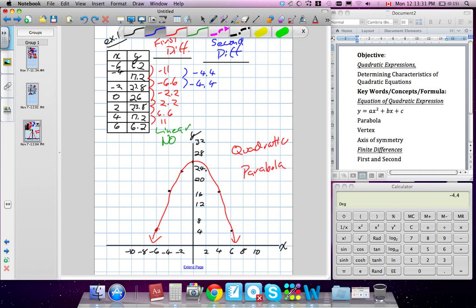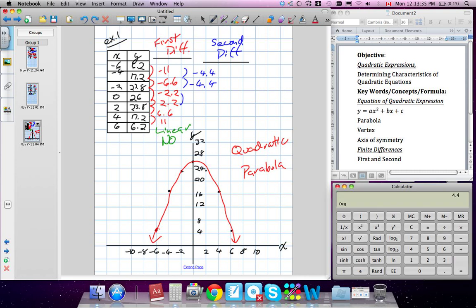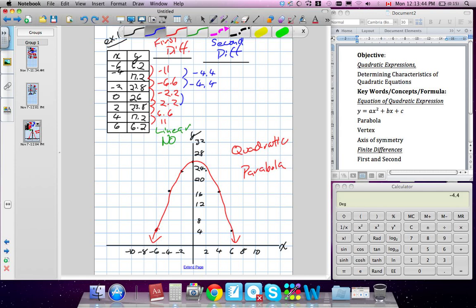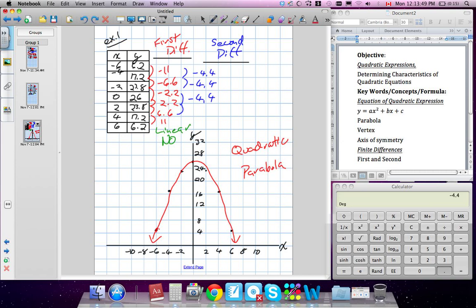Then I take negative 2.2 and subtract 2.2. I get negative 4.4 again. I take 2.2, subtract 6.6, and I get negative 4.4.